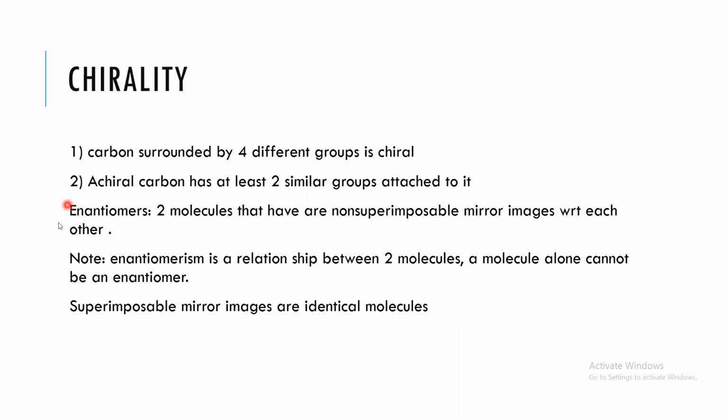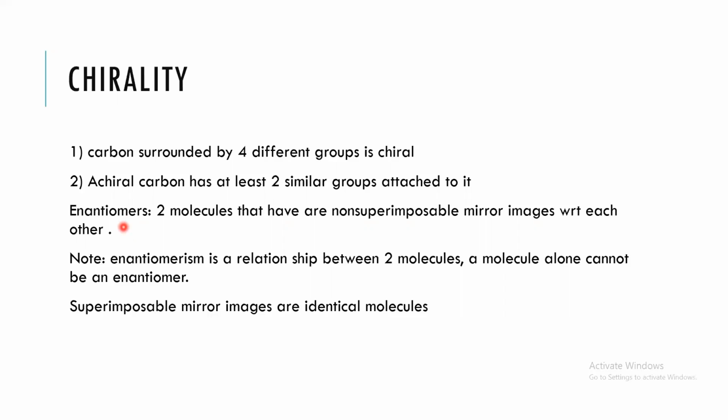And what are enantiomers? Enantiomers are two molecules that have non-superimposable mirror images with respect to each other. And enantiomers are always chiral. So if we have a molecule that's achiral, I'm going to know directly that it's not going to form enantiomers.